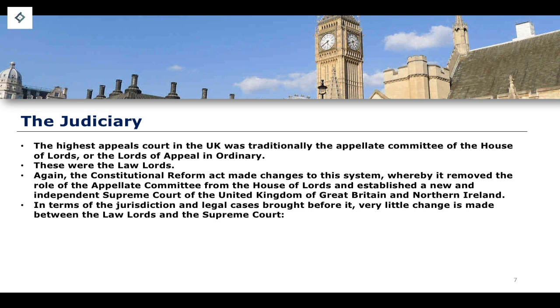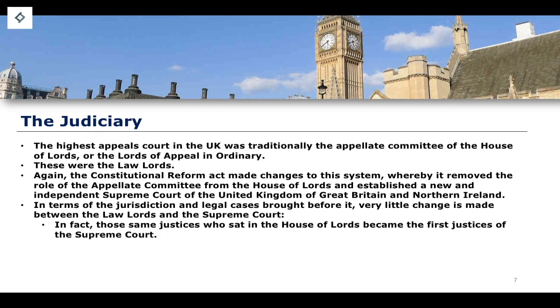In fact, the original Supreme Court justices were just members of the House of Lords previously. So that's a minor change in terms of the structure, but the Supreme Court represents a little bit of clear blue water between the legislative branch that sits in Parliament and the judicial branch, which now sits across the square in the old Middlesex Hall in the Supreme Court. The result is showing, at least in principle, that there is a separation between those who make the laws and those who interpret and have to enforce the laws.